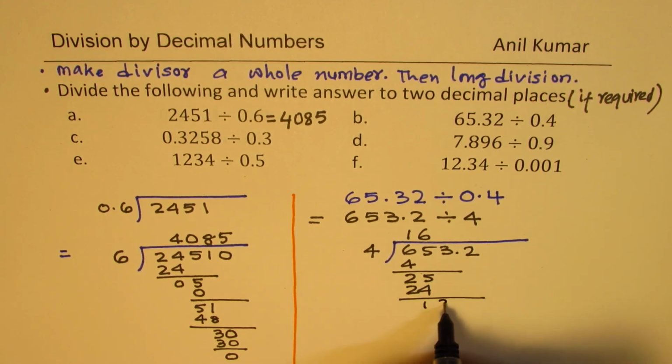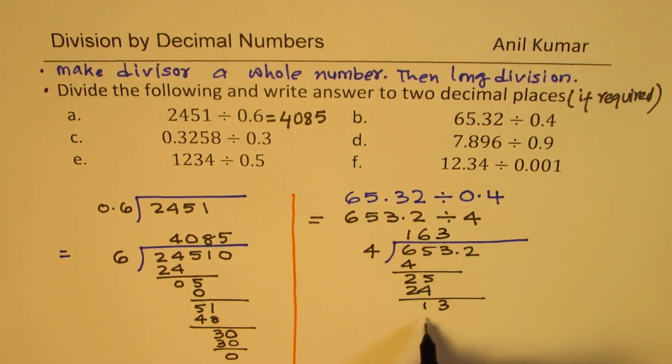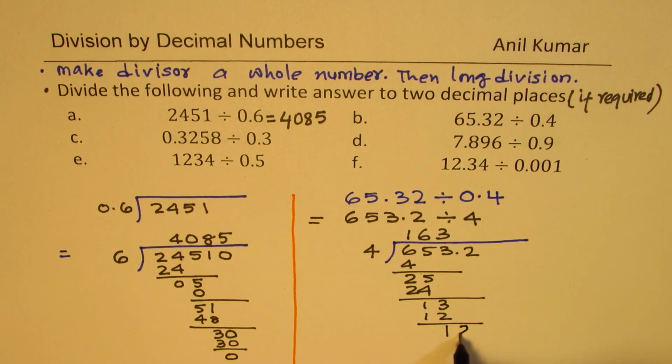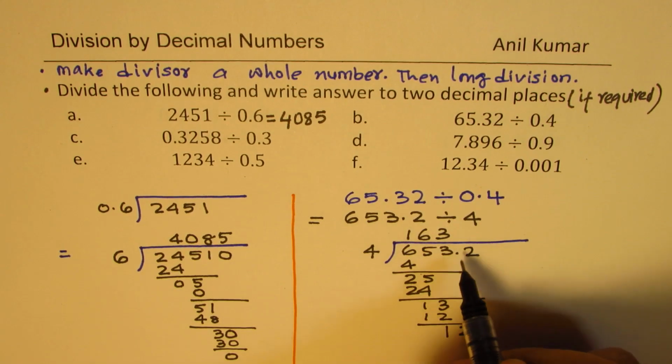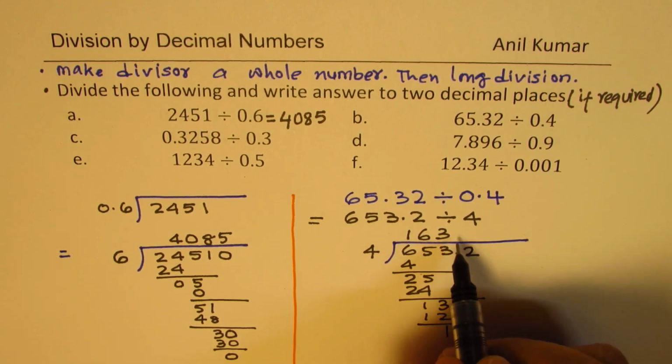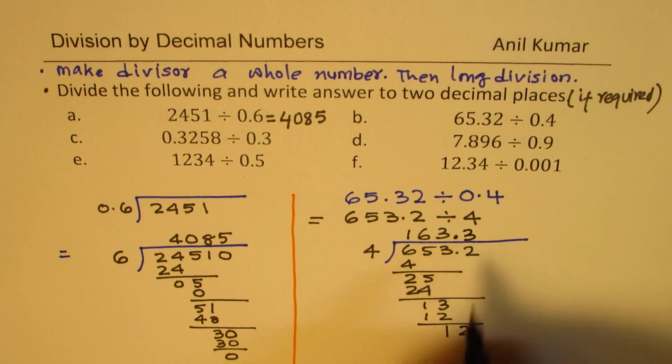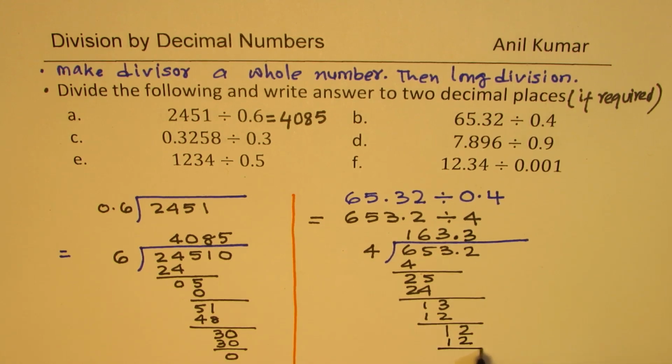We get 1, bring down 3. 4 times 3 is 12. We get 1. Now bring the number after decimal. You don't have to put decimal here, just write 12. But since you are using a number after decimal, you'll put a decimal here, correct? So now 12 goes 3 times. So we get 12 and our remainder is 0, right?